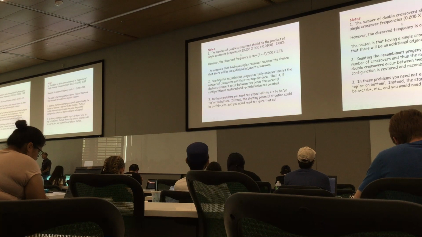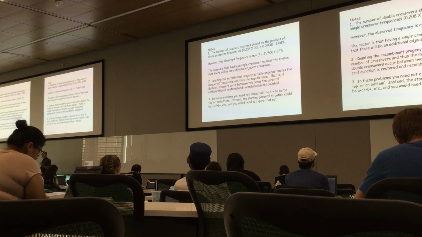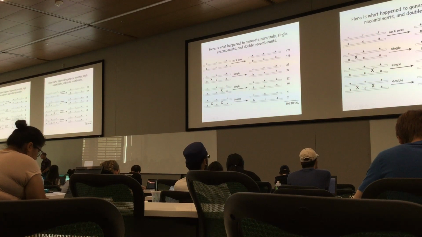And the reason is, if you have a crossover event at some location, the cell has mechanisms to try to prevent other recombination events occurring at that same spot or nearby. All right, so there's going to be a kind of suppression of nearby recombination events, and that's why the number of doubles is less than would be predicted by this value times this value.